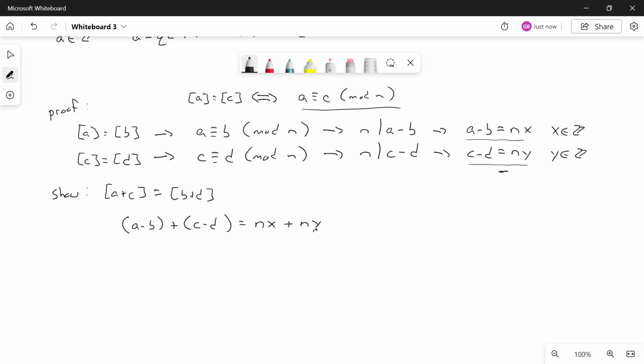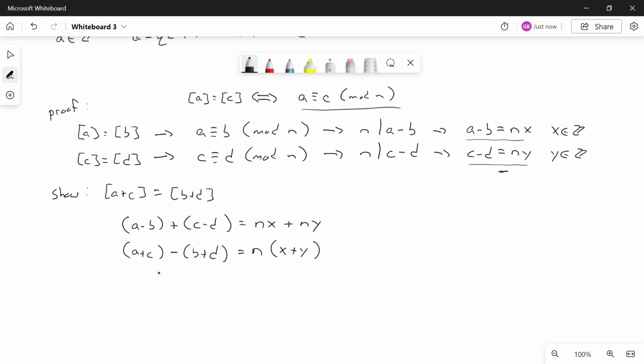So the positives are the A and C, the negatives are the B and D. So if I take A plus C, and take that negative out since they're both negative, I'm going to have B plus D, is equal to, now on the right-hand side, notice those two terms both have an n in them. So I'm going to factor out that n. So this is n times x plus y.